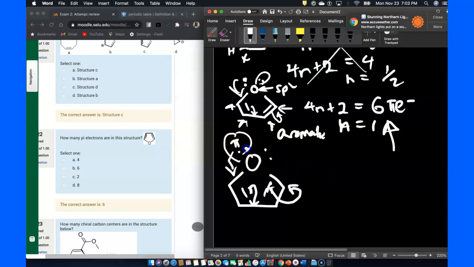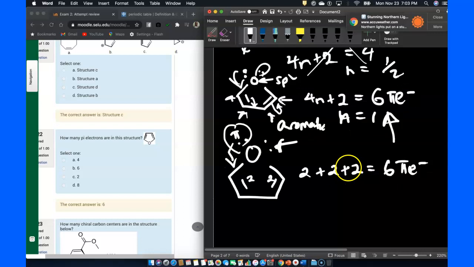So count the 2 electrons of the pi, count the 4 from the pi bond, you end up with 6. So there's 2 in the lone pair, there's 2 here, there's 2 here. 2 plus 2 plus 2 equals 6. I am not counting this because we've not used it in resonance. So the answer is 6 pi electrons.